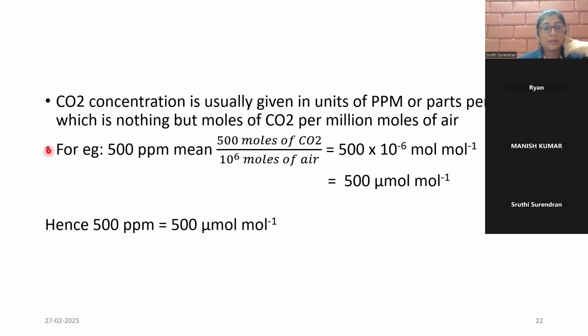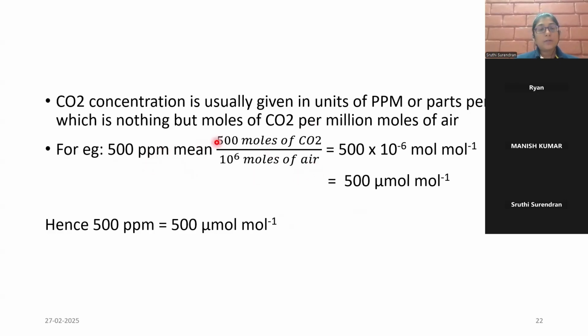Another unit conversion that we need to look into is the units of carbon dioxide. Carbon dioxide concentration is generally represented in terms of ppm, that is parts per million. Parts per million means, say, 500 parts of carbon dioxide per million parts of air.